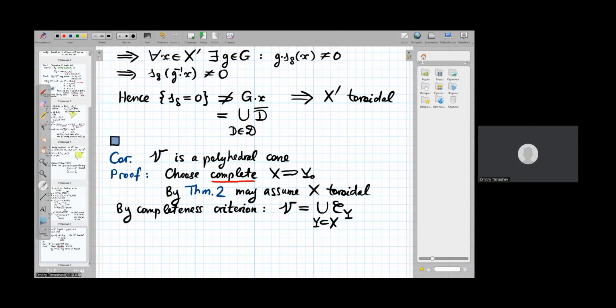Indeed, it is covered by this union, so we have an inclusion of this into this. But since X is toroidal, there are no colors containing the orbit Y, and therefore this cone is generated by the vectors corresponding to G-stable prime divisors containing Y. So these vectors are from the valuation cone. Each of these cones, C_Y, is contained in the valuation cone.